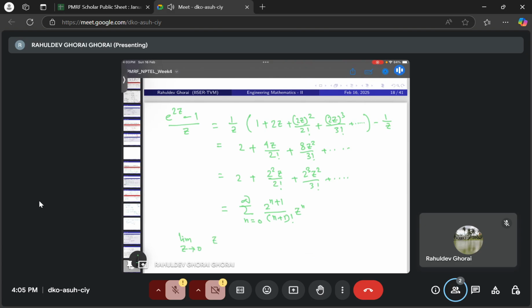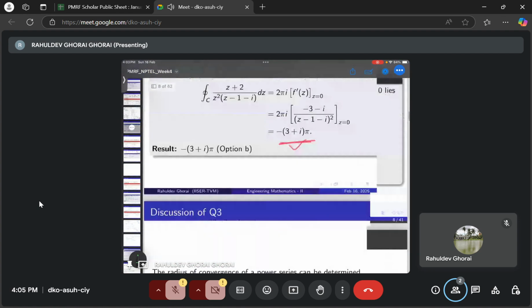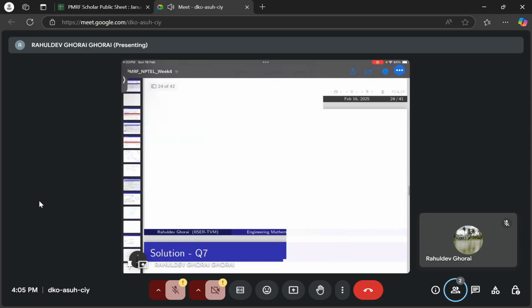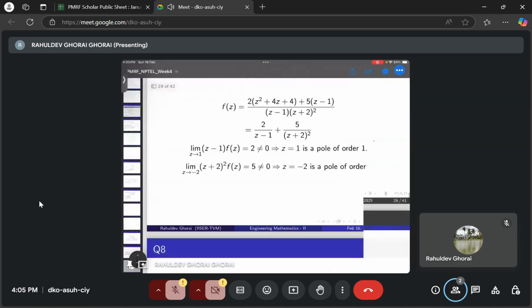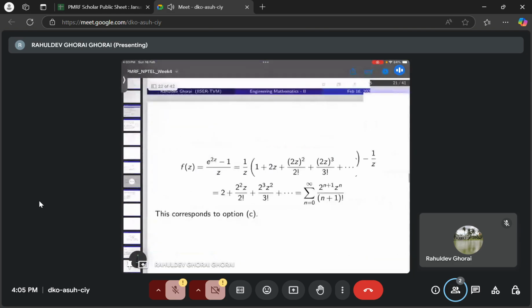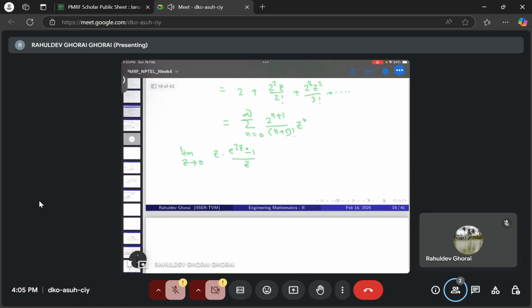For that, z times (e to the power 2z minus 1) over z, whether the limit exists. Let me think for just 2 minutes maybe. What is the simple pole definition, whether it will be a simple pole or not?